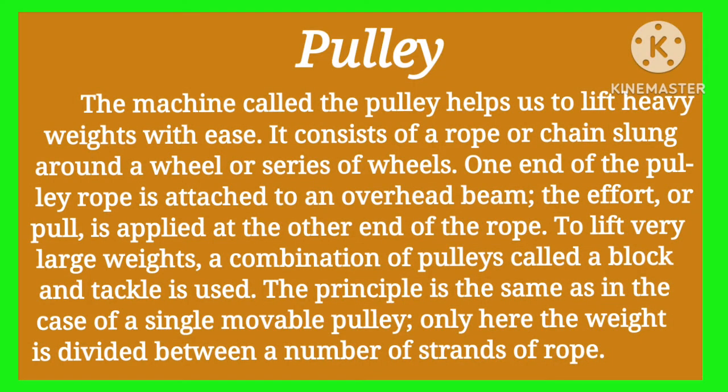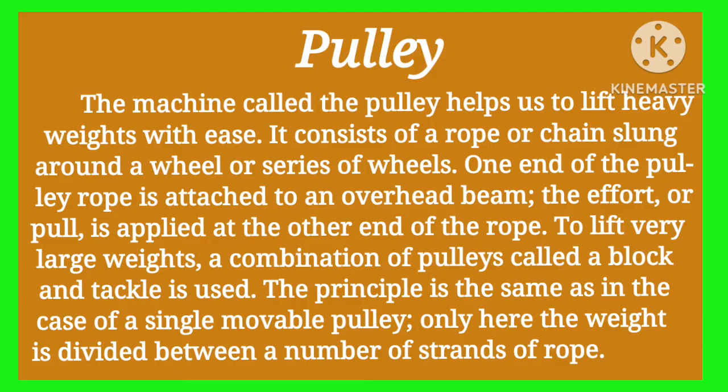We have an example, pulley. The machine called the pulley helps us to lift heavy weights with ease. It consists of a rope or chain slung around a wheel or series of wheels. One end of the pulley rope is attached to an overhead beam.